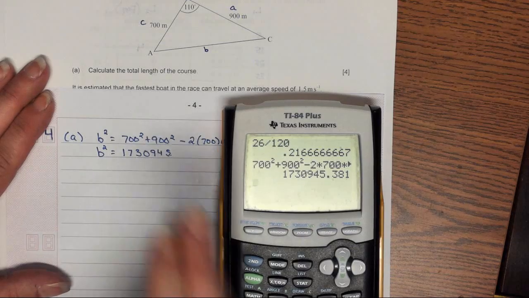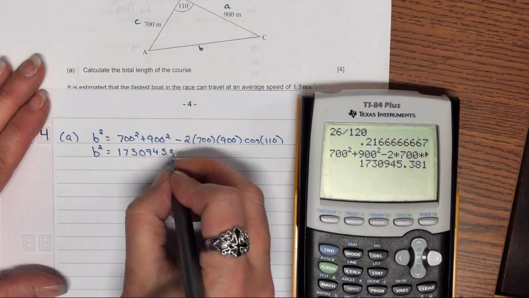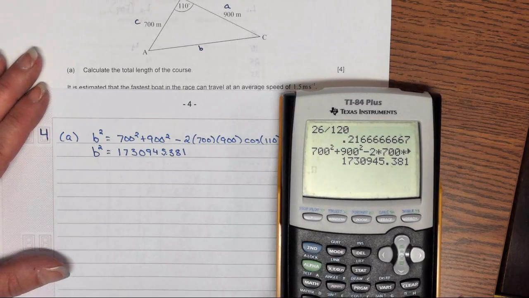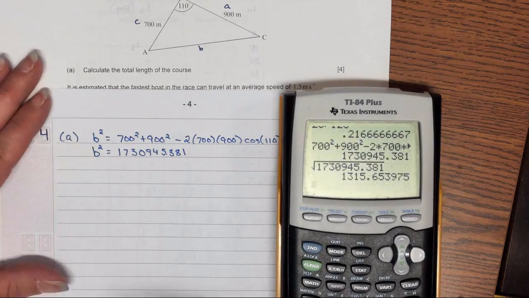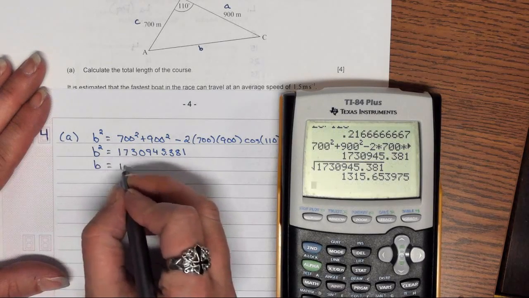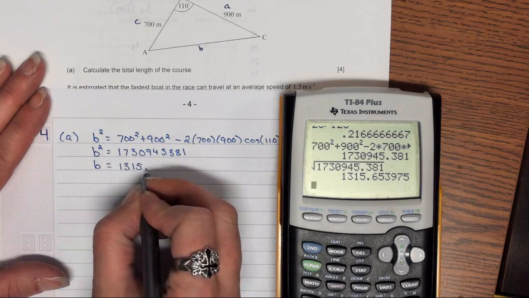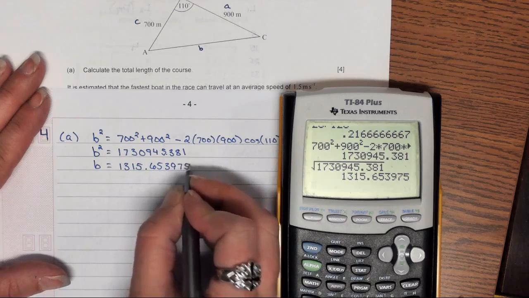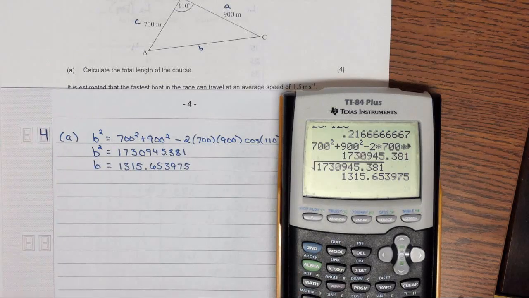It's not required, but I would want to show my grader everything I can. So I'm going to take the square root of that, because this is what b squared equals. So I get that b is 1315.653975. Notice I'm not rounding.